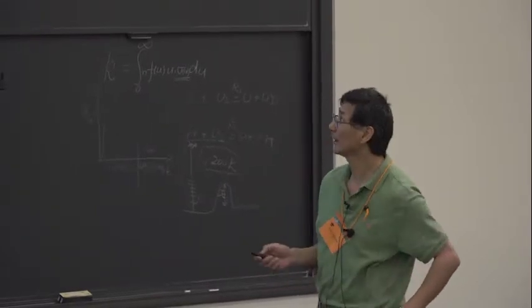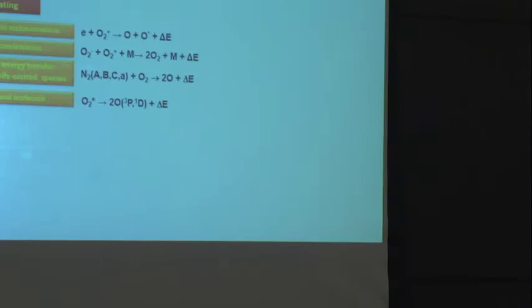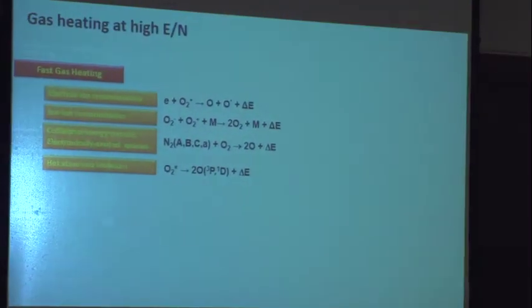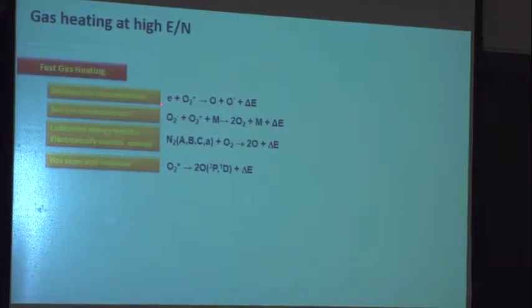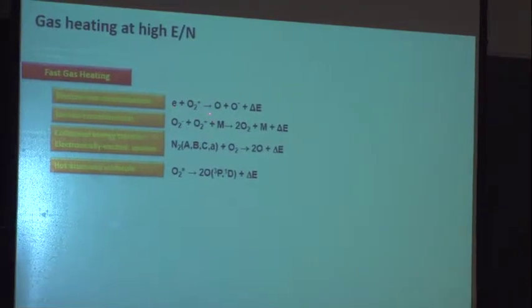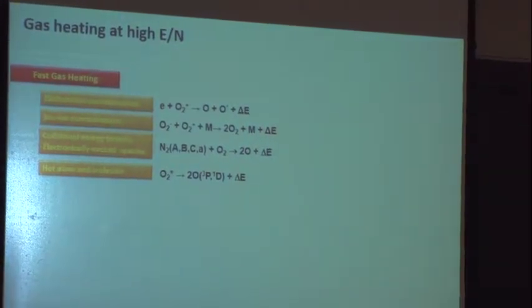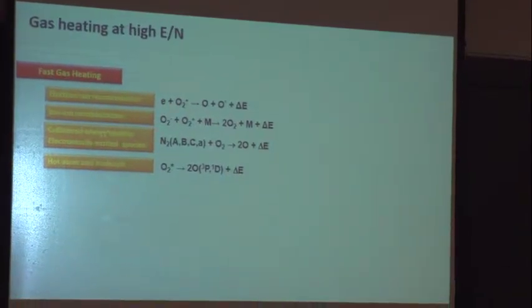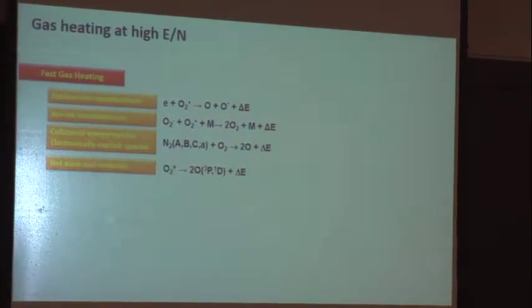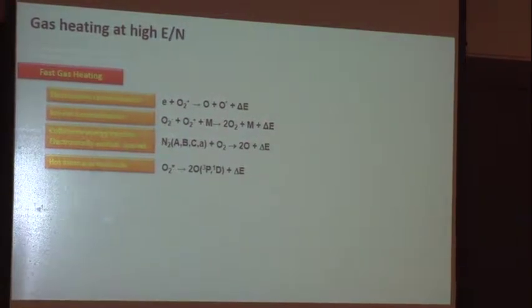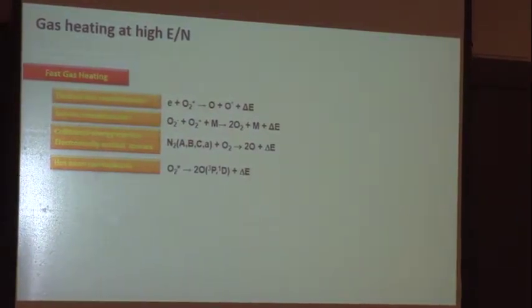So in plasma, there are a few classes of reactions that contribute to the heating process. One of the things that we talked about yesterday a little bit is electron-ion recombination. With electrons and ions, it takes probably a few hundred nanoseconds to maybe a microsecond, and then they recombine together and generate heat.